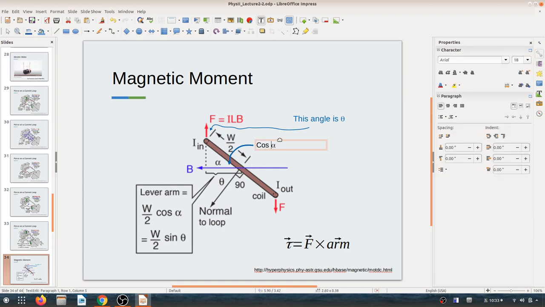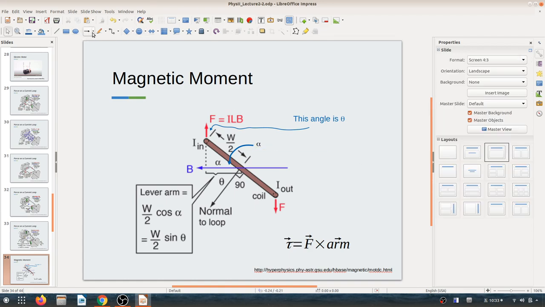Alpha is this angle. And sorry that the plot looks very busy. And cosine alpha is this one.